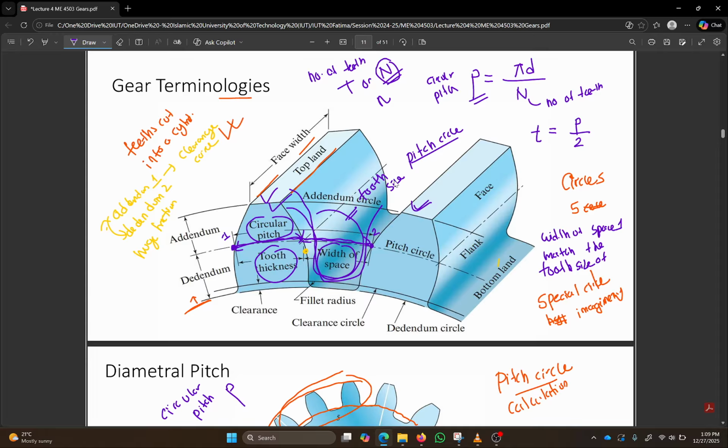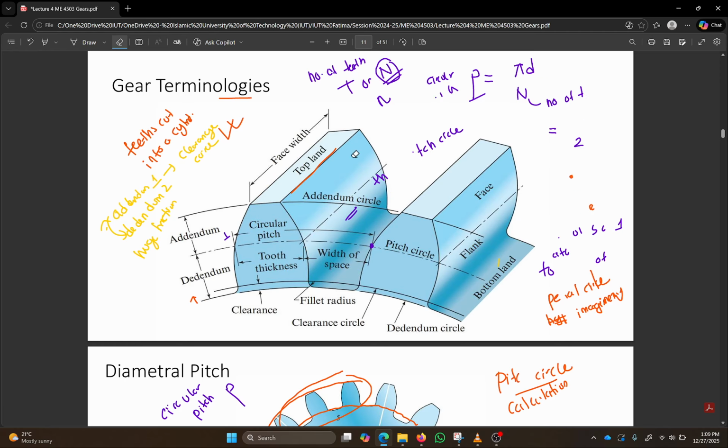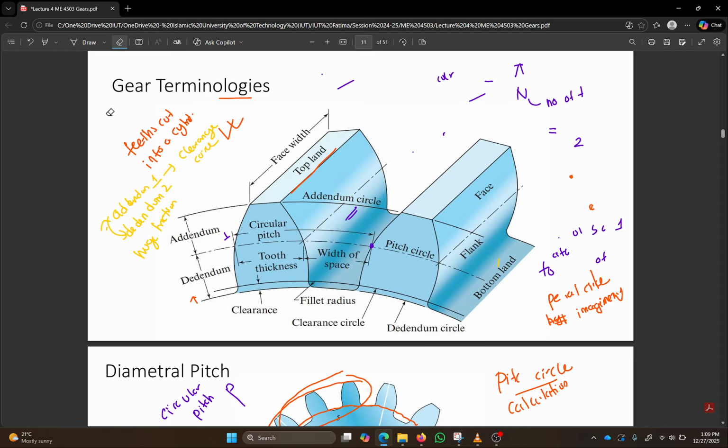Now let's look into some other definitions. This is the pitch circle, and this is the addendum circle. The distance between them is referred to as addendum, denoted by a.